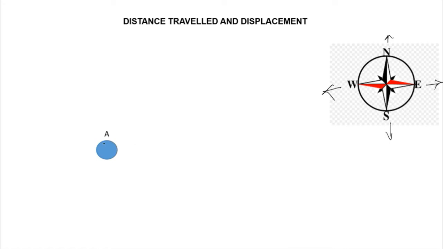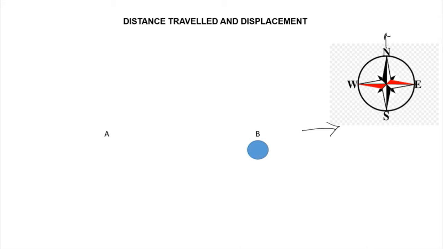And suppose the position of this changes, now let's say it has gone to position B. In which direction has it traveled? It has traveled towards east, right? And then suppose from this position it has taken a turn of exactly 90 degrees and went towards north.